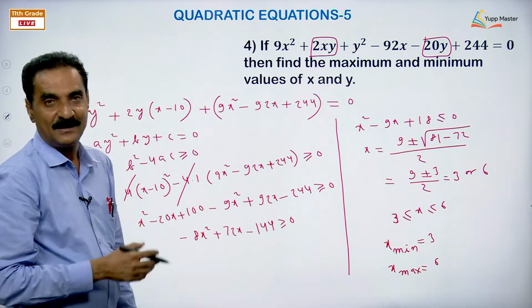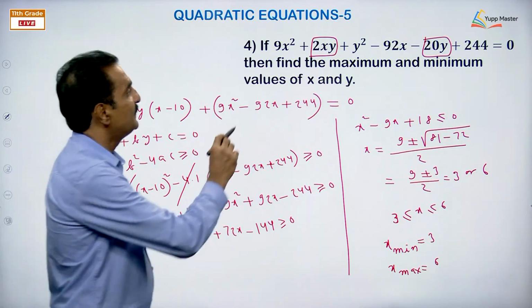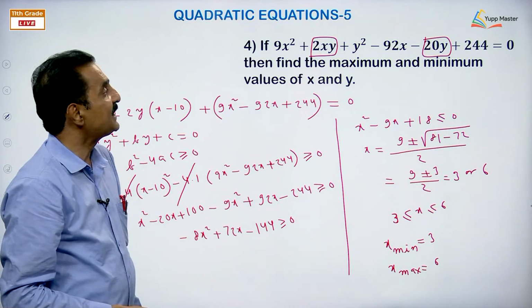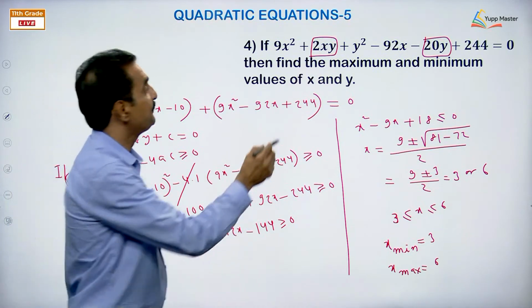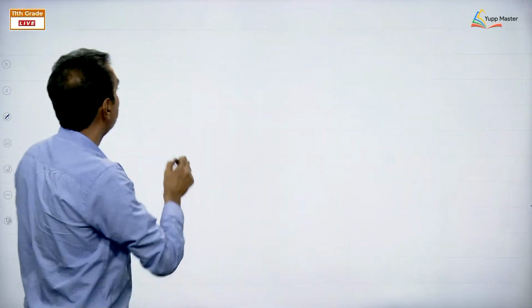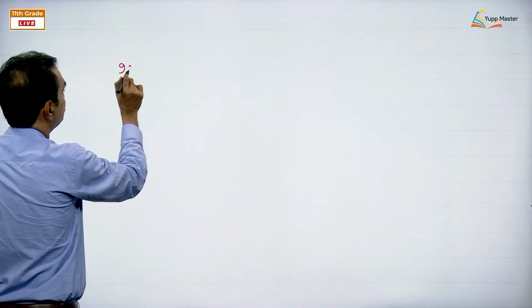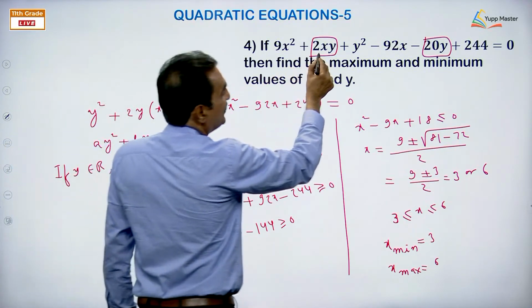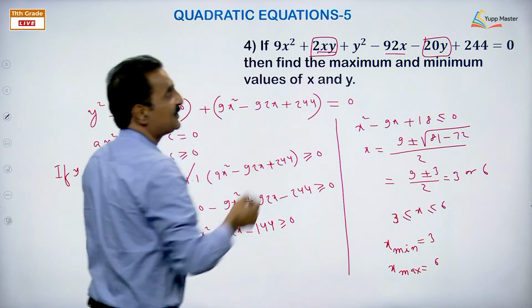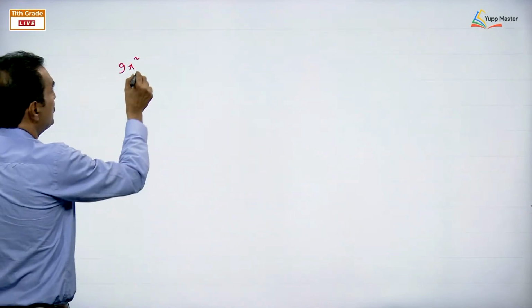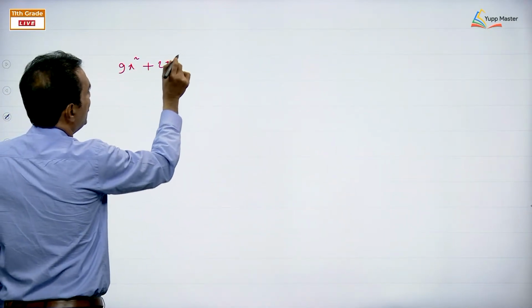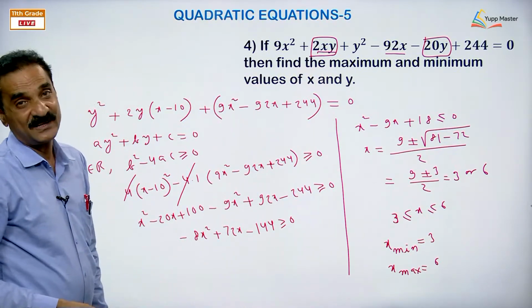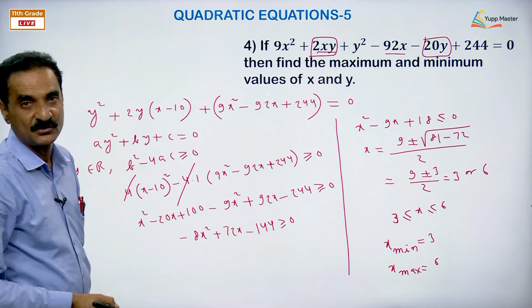You can easily guess what to do. We have to write it as a quadratic equation in x. If you write it as a quadratic equation in x, first you should write 9x square. Next, coefficient of x means we have to combine this and this. You can take 2x common, plus 2x into y minus 46. 46 2s are 92.